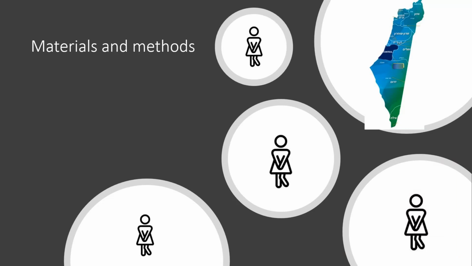As for the materials and methods, for the population, what we see here is a map of Israel, and the central district is located here. The population in Israel includes 10 million people. From Clalit, which is the largest HMO, we have over 5 million residents.